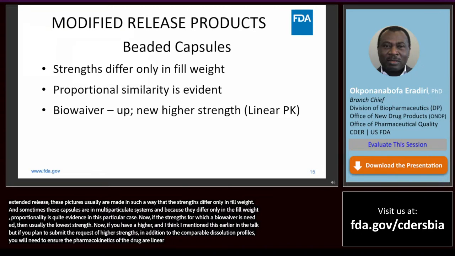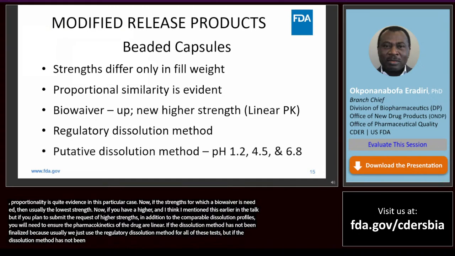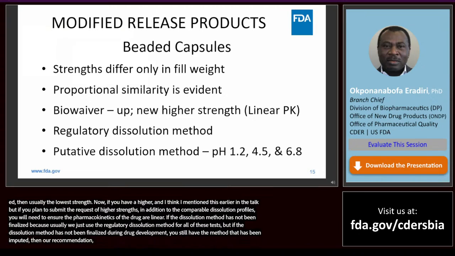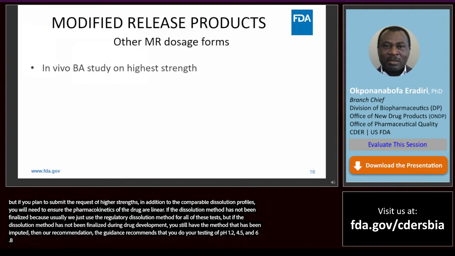And if the dissolution method has not been finalized during drug development, and you still have the method as being putative, then the guidance recommends that you do your testing at pH 1.2, 4.5, and 6.8.